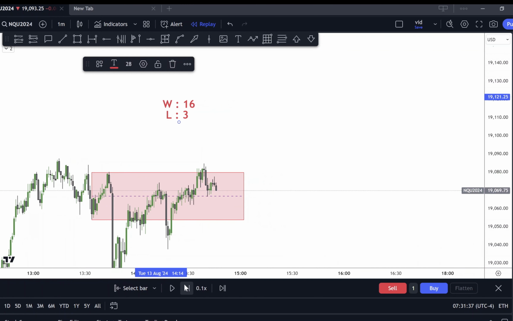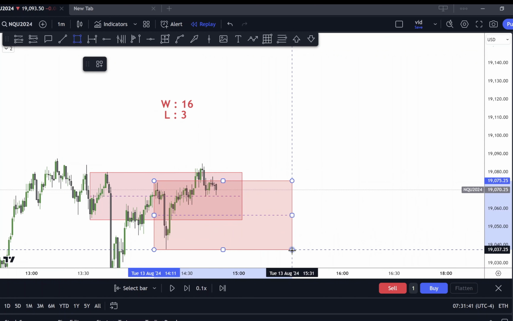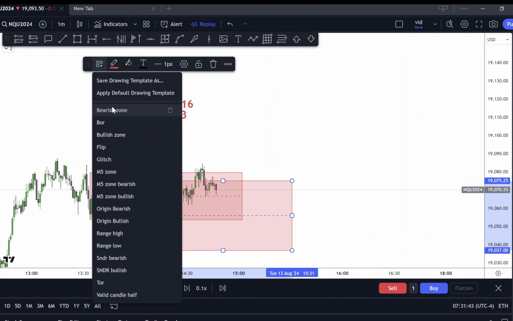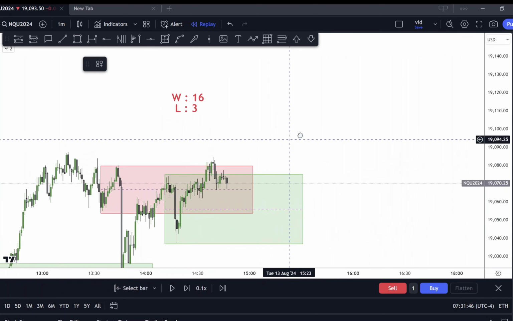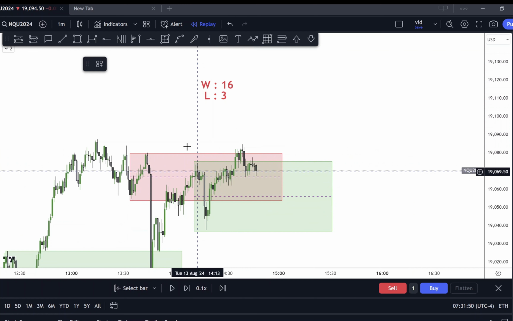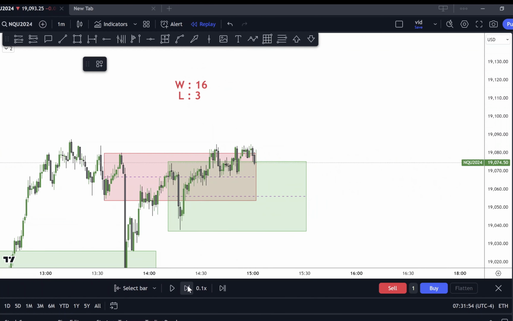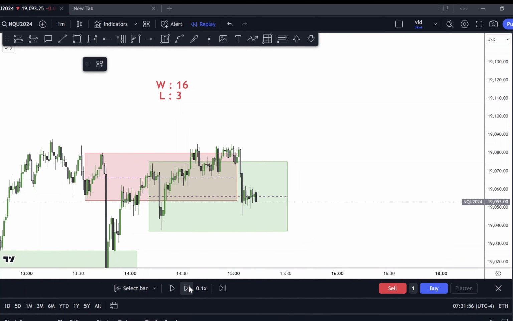Cool. We have this internal zone now, bullish one, right? Because we closed above this valid pullback high. So if they tag our 50%, we're in. Okay, so we're in.